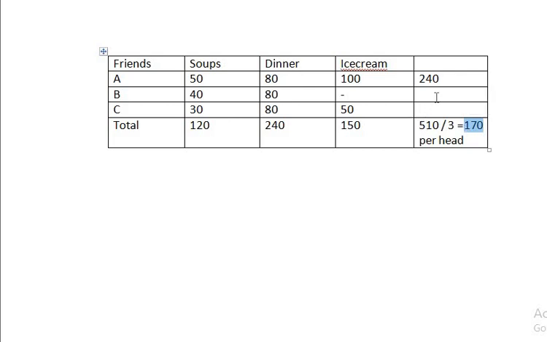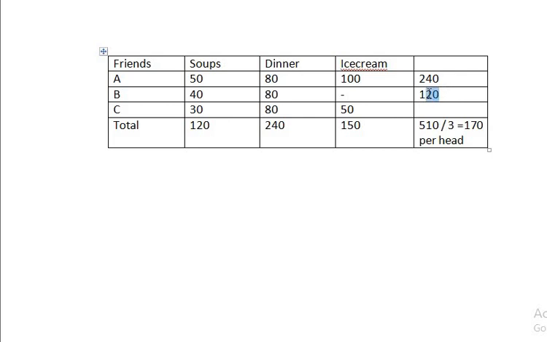Now come to Mr. B. Mr. B utilizes food worth rupees 120, but is paying rupees 170. So Mr. B is very sad because he is overcosted.